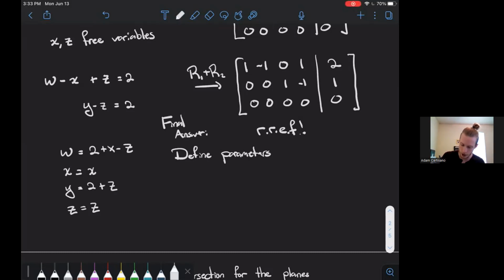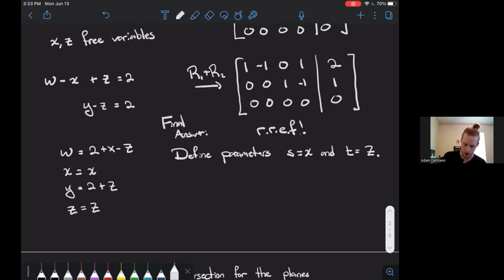Define parameters s equals x and t equals z. The reason I would want to do this is because parameters are like variables that change, but that will keep us within the solution set.